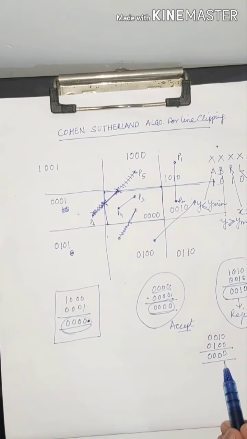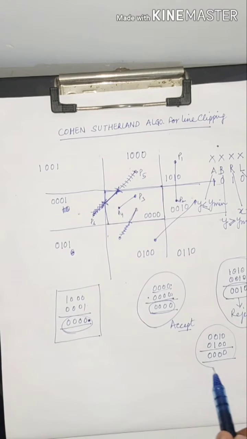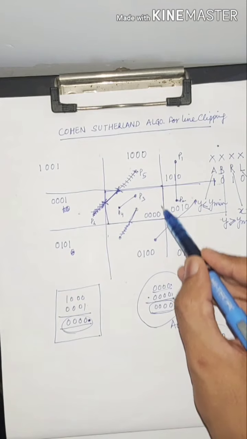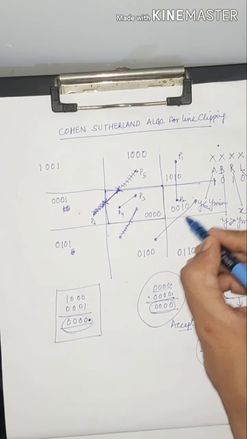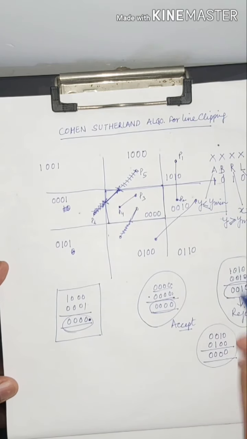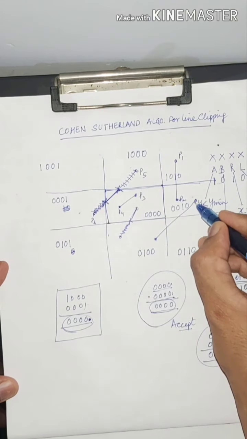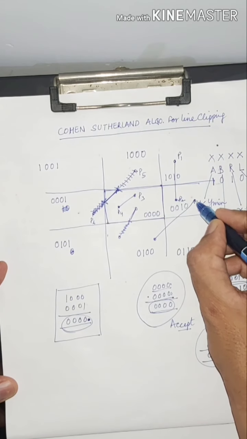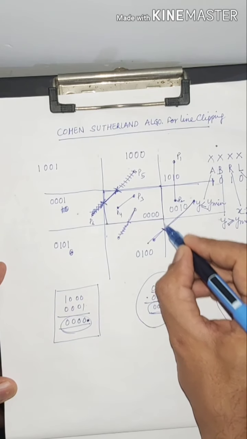What does this mean? This means that this category set, according to this algorithm, this line shows a clash with the window, but actually there is no clash. But this will be resolved once you find this situation. You will find the points of intersection. So first of all, let us suppose you find the point of clash with this boundary. You will find this point, not here.